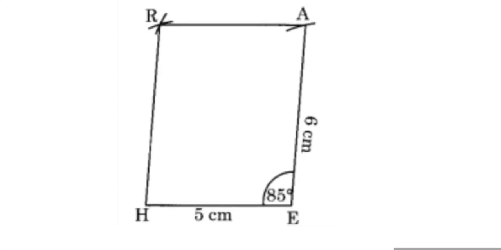Now vertex R is 6 centimeter and 5 centimeter away from vertex H and A. By taking radius 6 centimeter and 5 centimeter, draw arcs from point H and A. These will intersect each other at point R. Now join R to H and A. So HEAR is the required quadrilateral.